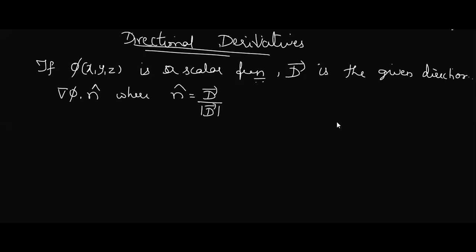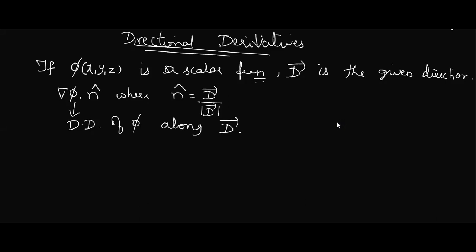Here the vector is the direction we are taking. This dot product is called the directional derivative of phi along vector d. Are you getting the point?